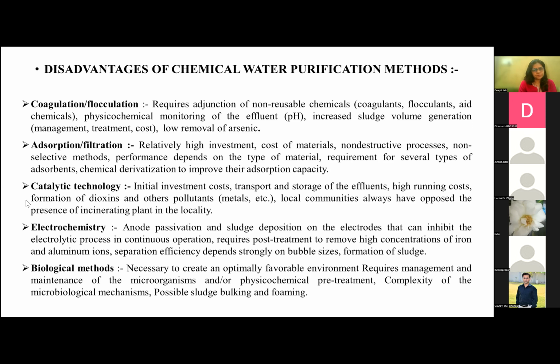Then if we are using catalytic technology, the initial investment cost is very high. Transport and storage of the effluents: whatever purified water we are collecting after the catalytic treatment, we have to keep it stored, and every time we have to monitor the quality of that output, because the catalyst we are using is consumed very early.